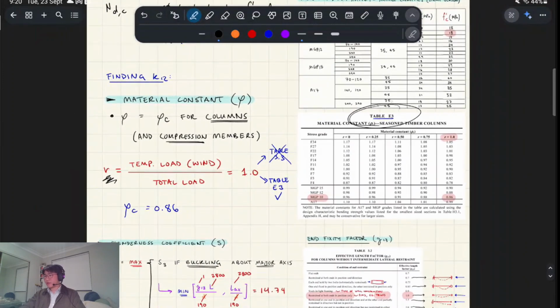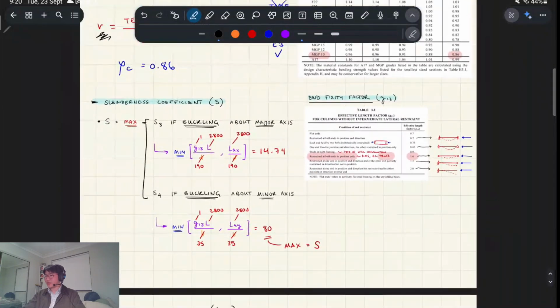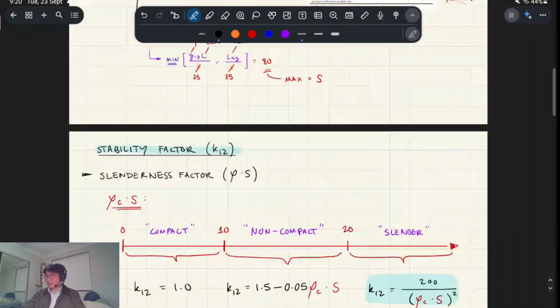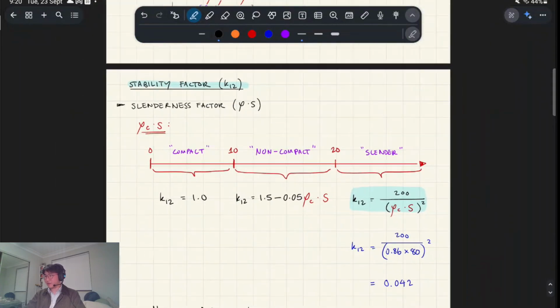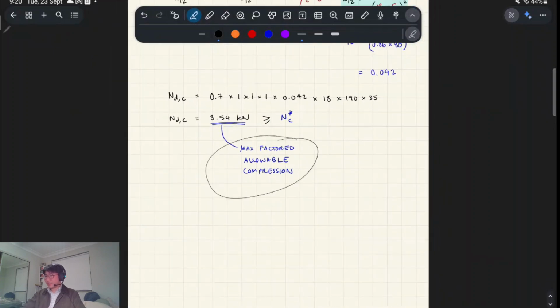And so we have to use a different table, and then we find a different material constant. Here's me plugging in all the numbers for the slenderness and then finding K12. And that is the max factored allowable compression.